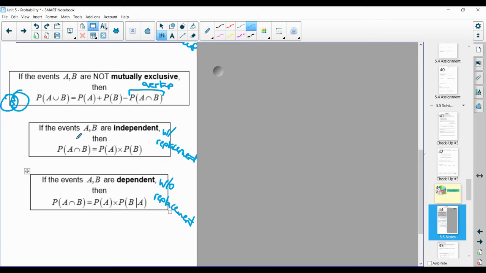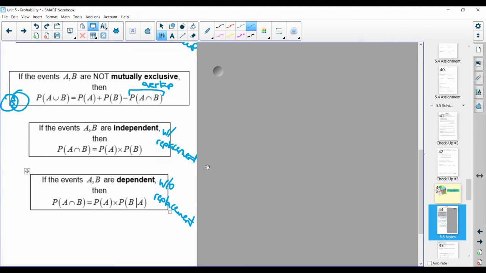For independent, we might be looking at rolling a die and tossing a coin. With dependent, we might be looking at cards where one card is pulled out, kept out of the deck, and not put back in. Or a bag of marbles where we pull out a marble and we don't replace the marble before we pull out the next marble.